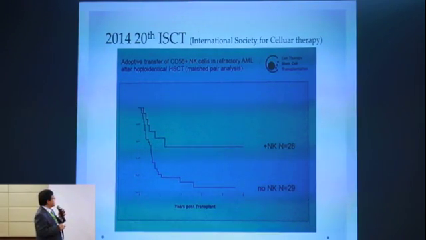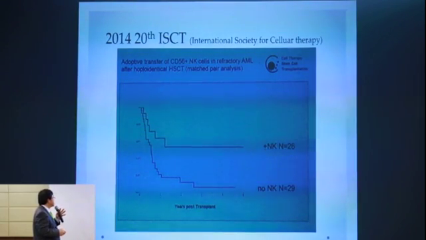This is the new data from 2014. The doctors did an experiment. They treated patients with acute myeloid leukemia. After the patient got the bone marrow transplantation, they then treated the patient with neutrophil cells.